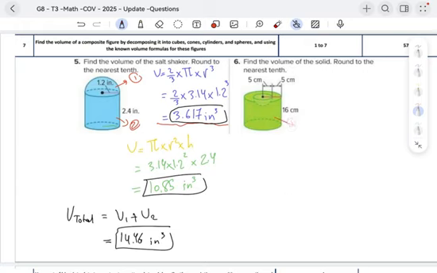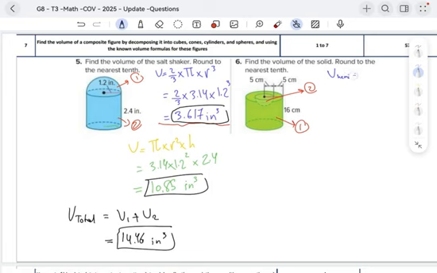Question number 6, we have a cylinder and we have a hemisphere. Now to find the total volume here, we're going to subtract as we did in question number 4. We're going to find the volume for the cylinder, and then subtract the volume of the hemisphere. So let's find the volume of the hemisphere, which is 2/3 of pi times the radius cubed.